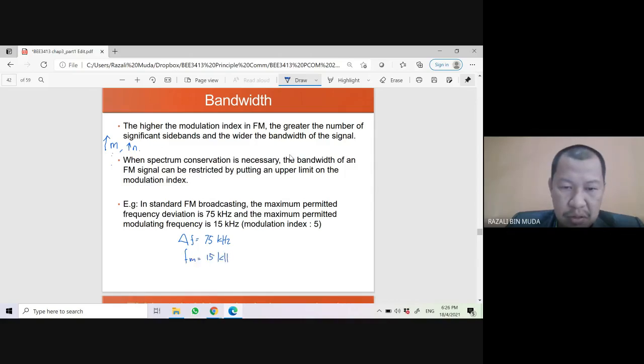By limiting the frequency deviation and the modulating frequency, we limit the modulation index to 5, that is 75 over 15. Therefore, you can limit the bandwidth.